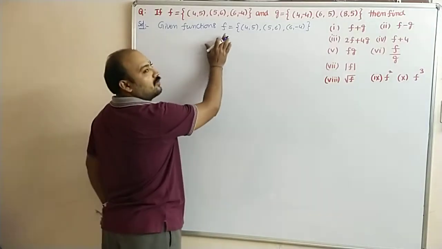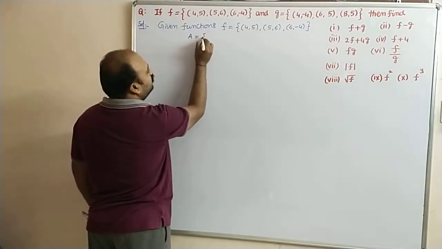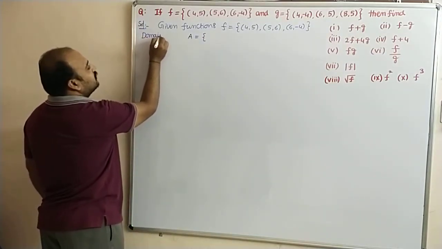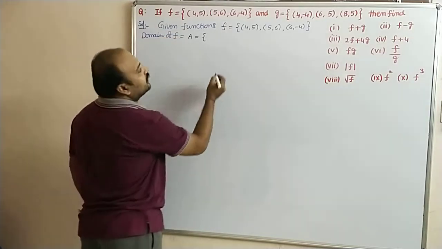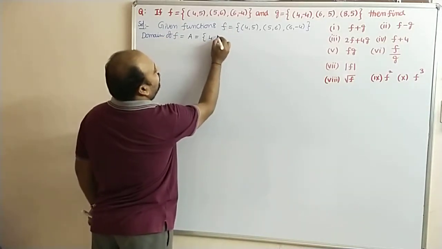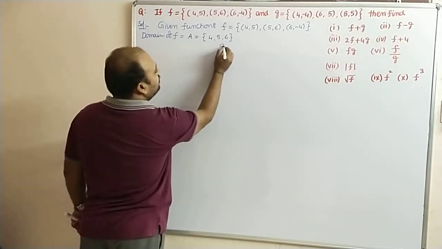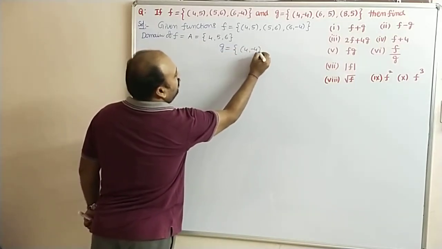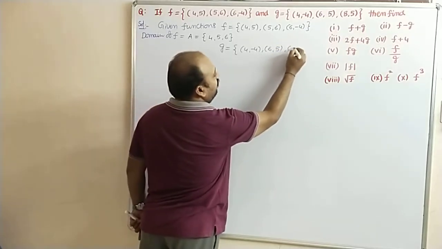So the domain of f, I am assuming A equals domain of f. Domain of f is equal to A, 4 comma 5 comma 6. And the second function g equals 4 comma minus 4, 6 comma 5 and 8 comma 5.